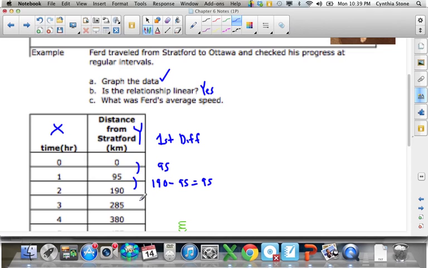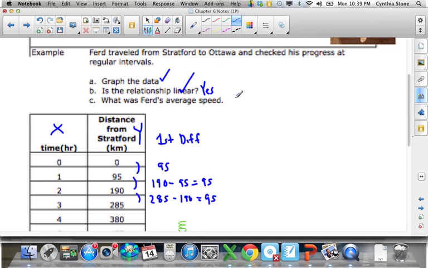And I'll do one more just to prove it, so it's the same so far, right? 285 minus 190. I just know it's a straight line, but it's 95. So I verified that it's linear using two methods. One is the straight line graph. The second is by my first differences. So definitely, by more than one strategy, definitely linear.